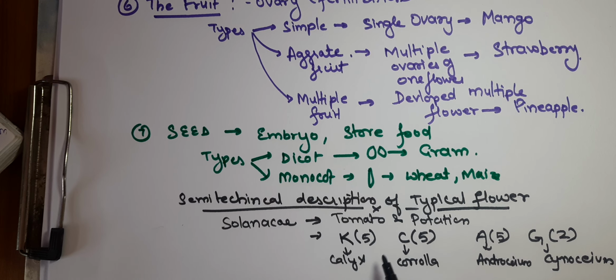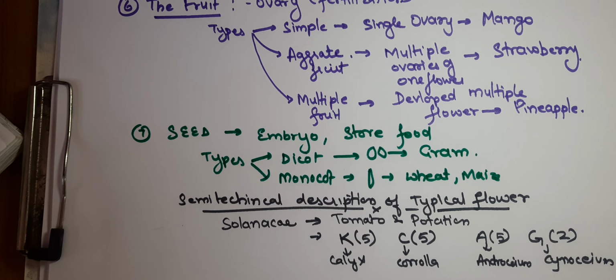So the formula for the semi-technical description of a typical Solanaceae flower is K5, C5, A5 and G2. So this is how you write the description of a typical flower. You can observe, students, any flower and, according to the observed calyx, corolla, androecium and gynoecium, you can just derive them and write their number in this K, C, A, G.